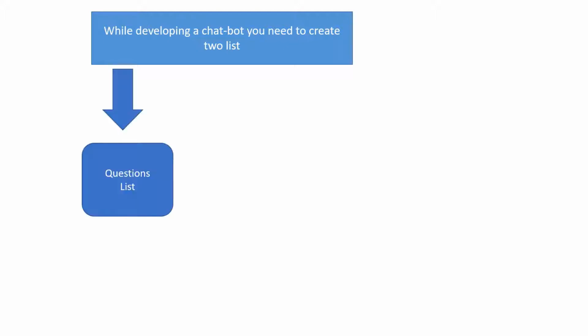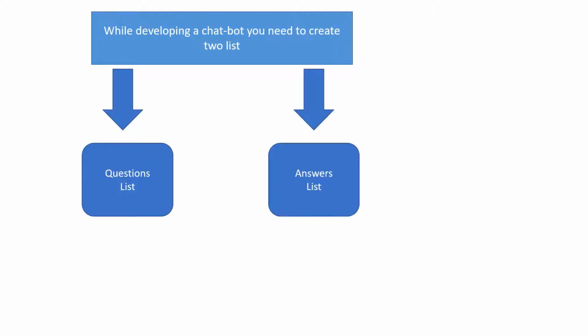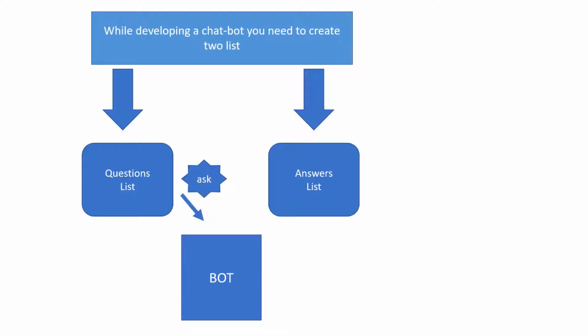While developing a chatbot, you need to create two lists. First of all, there should be a question list, and second, an answer list. So when the user asks any question to the bot, like what's your name or how are you, the chatbot will take that question from the user input and check in the answer list whether it has the answer for that specific question or not.